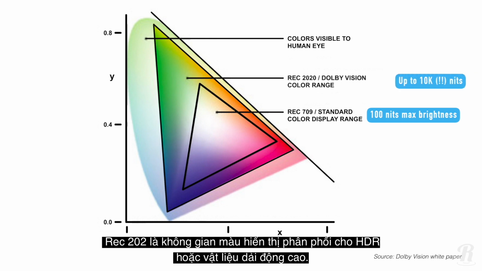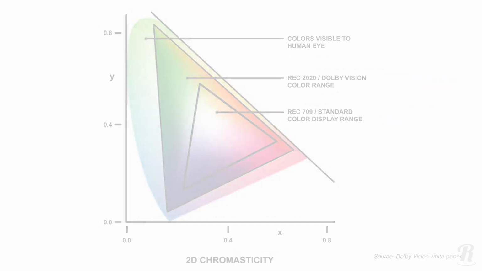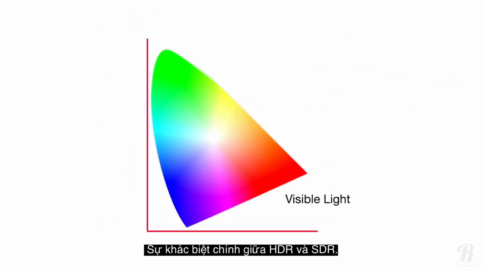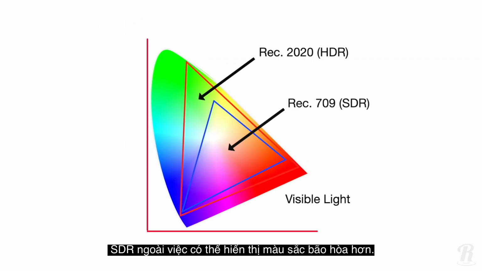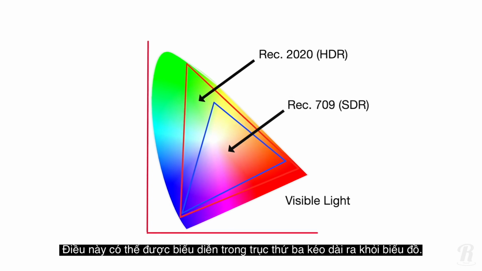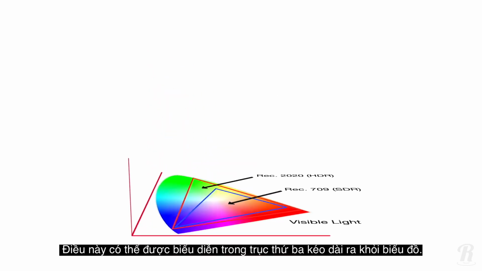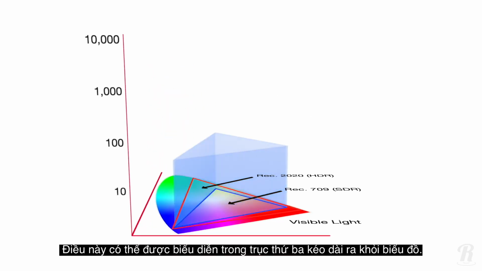Rec. 2020 is the delivery display color space for HDR, or High Dynamic Range material. The main difference between HDR and SDR, in addition to being able to display more saturated hues, is that HDR can display more brightness values than SDR. This can be represented in a third axis extending out of the chart like this.